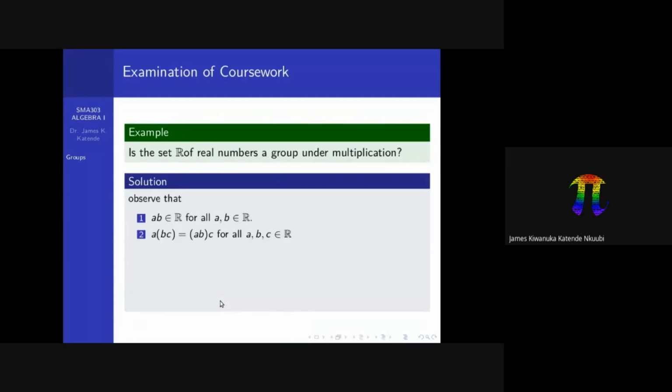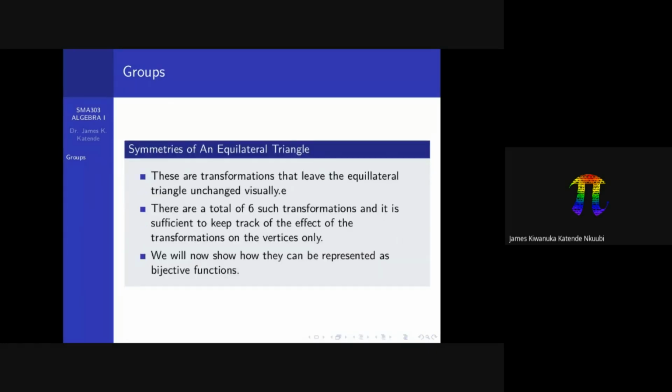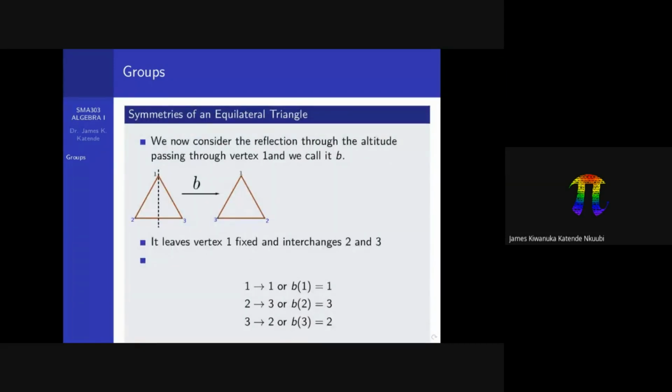So if you go back to the reflection, if you look at the diagram yourself, suppose you do the reflection, what happens? 2 and 3 are switched. Now, if you do the reflection again along the same line, what happens? 3 goes back to where it was, 2 goes back to where it was. So you go back to the identity. And how do we define the inverse?